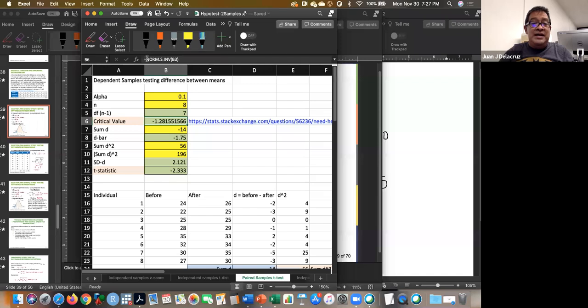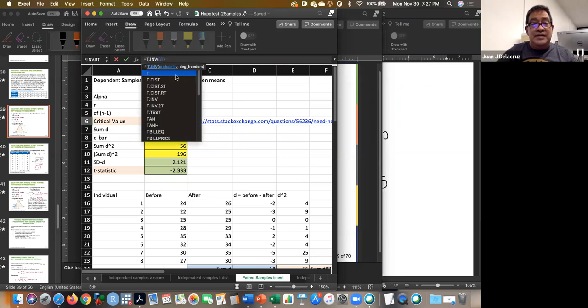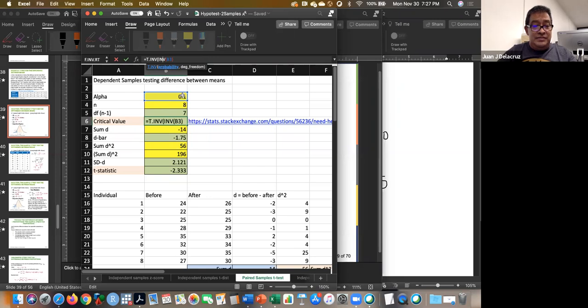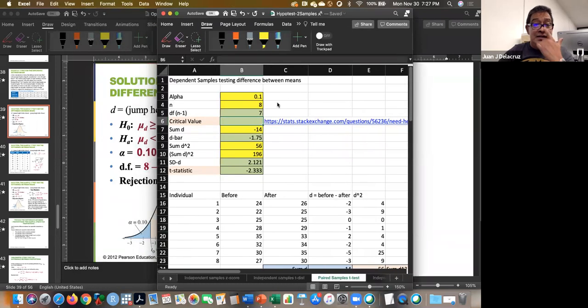That should be the t. For one sample, I need the probability, which is this one. Hold on, let me raise this. I made a mistake here, which I regret, of course.